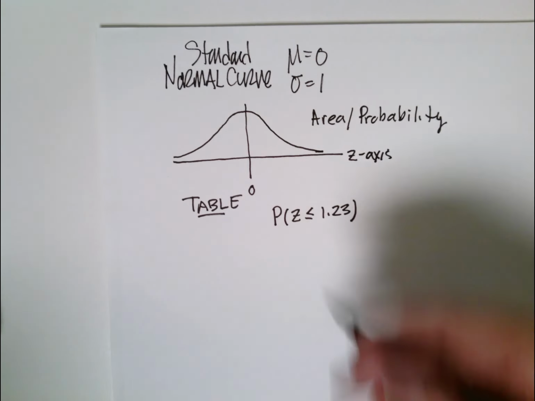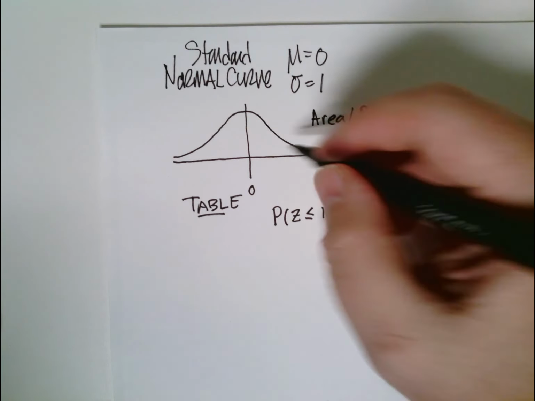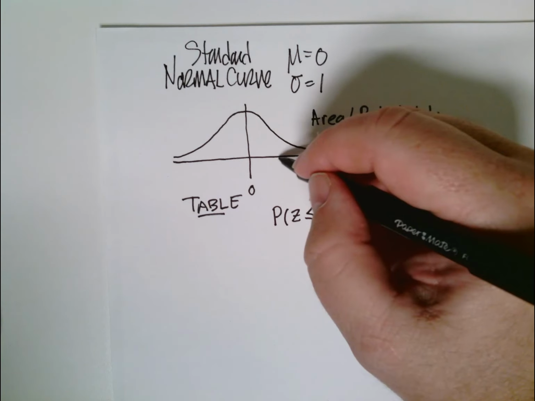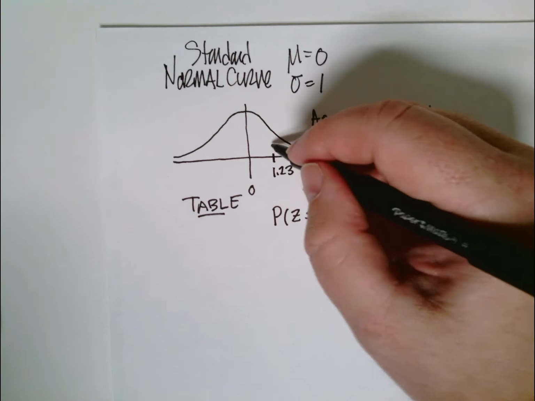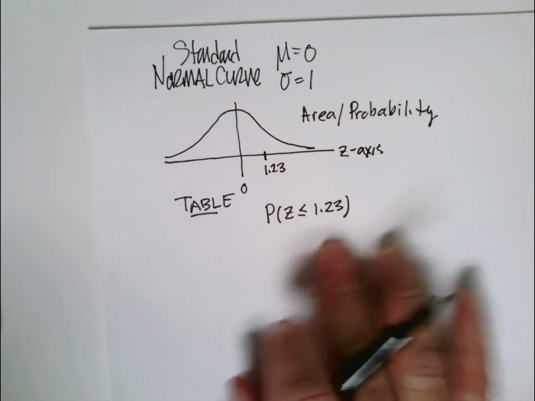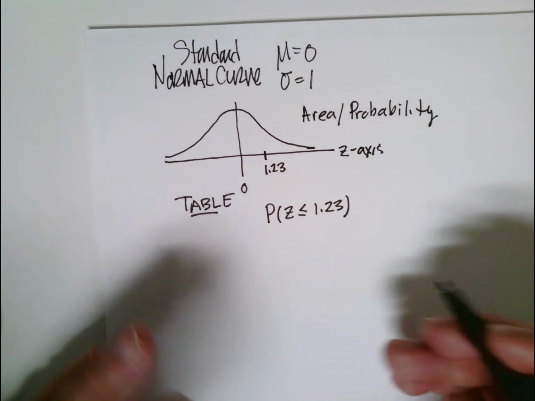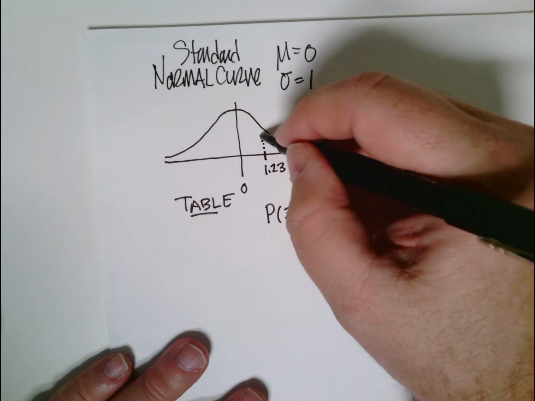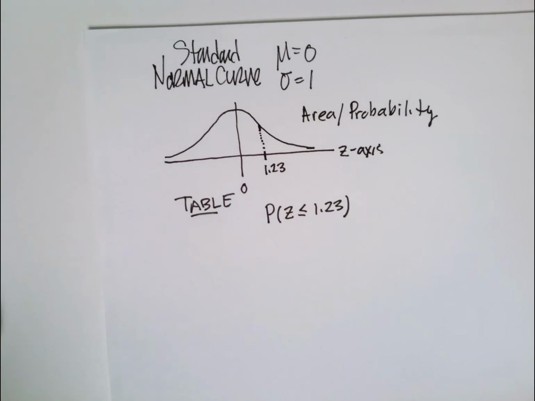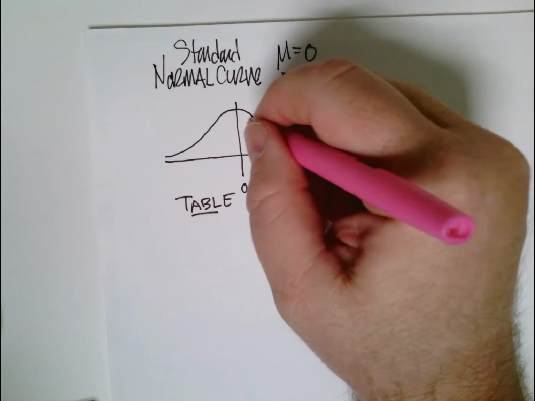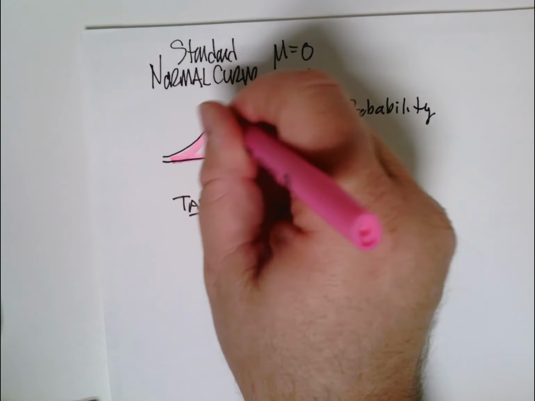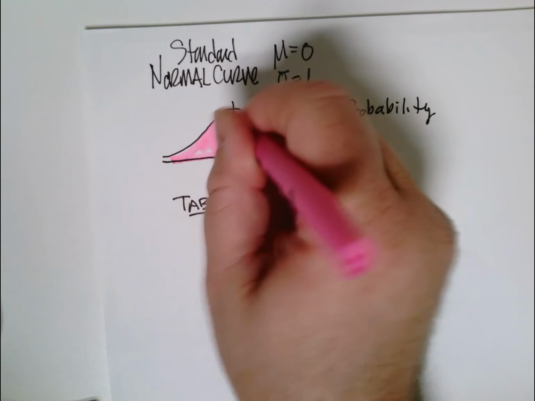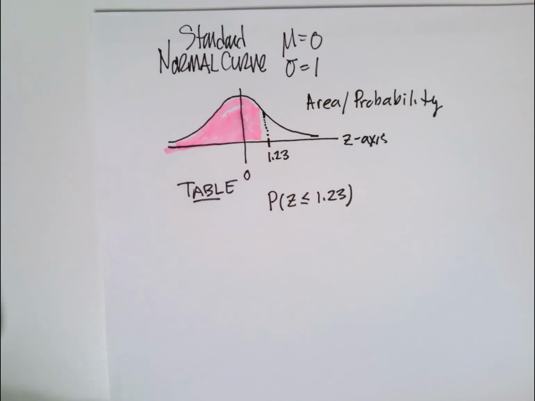Alright, so what this number is here is on this number line, we find the number 1.23. And now what this function, or the probability, or the area is doing is it finds the area below, like this, and this is what the table will do, is it finds this entire area all the way going to negative infinity.